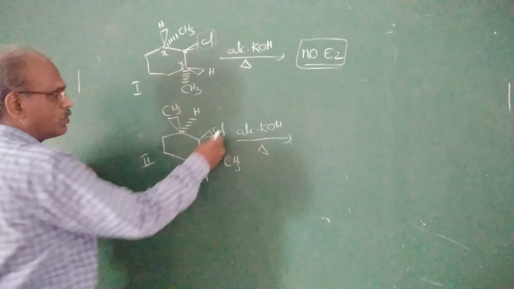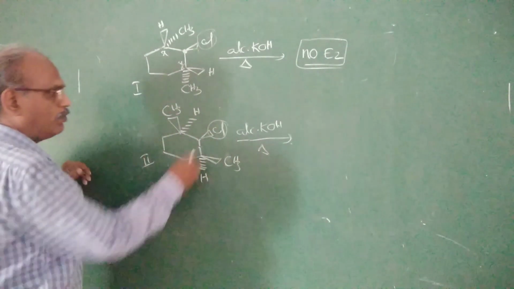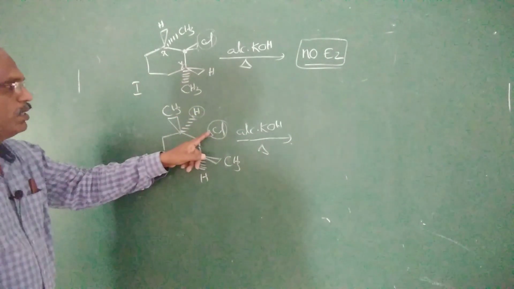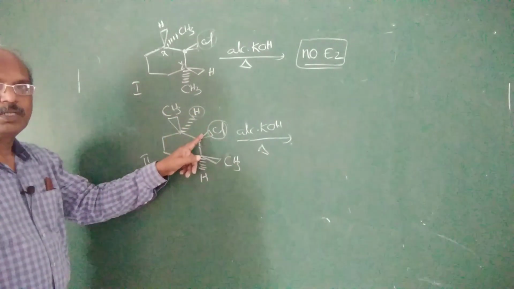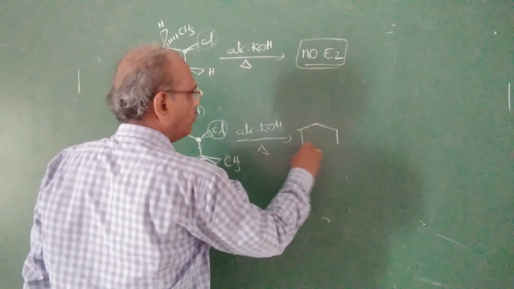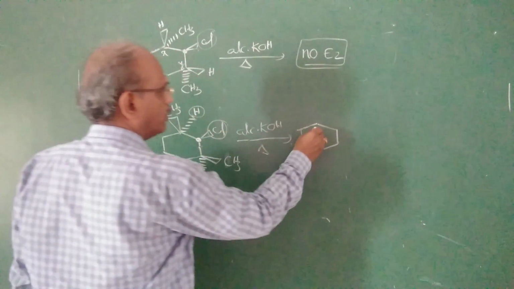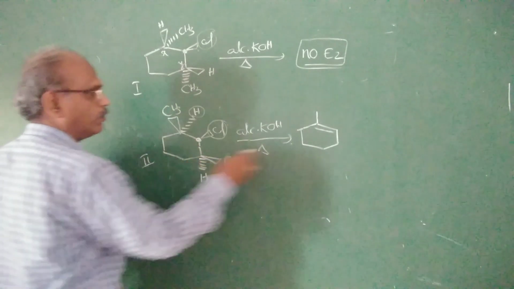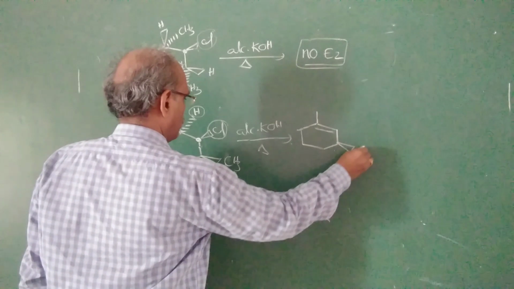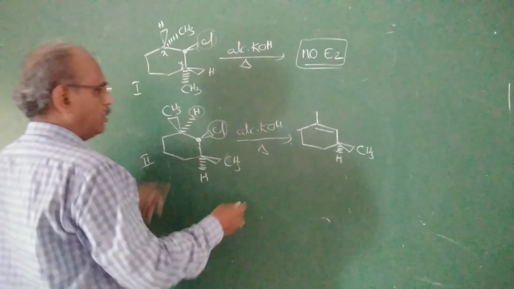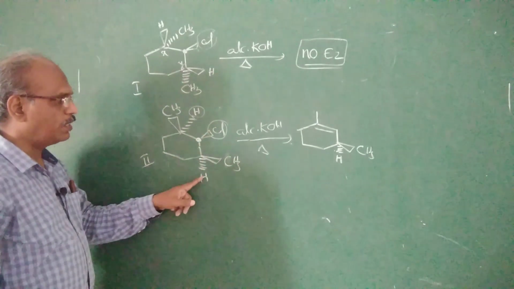Now come to this Cl from this carbon, and H from this carbon, possible or not? They are anti to each other. Anti-elimination is possible. So we can remove this hydrogen, double bond here, methyl. And what about removal of this Cl and this H?